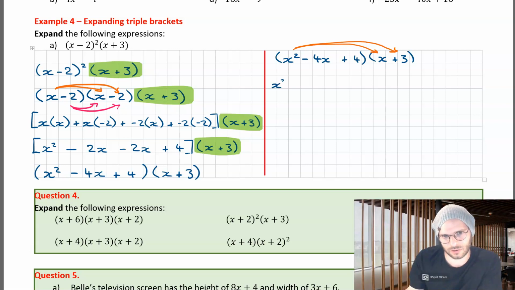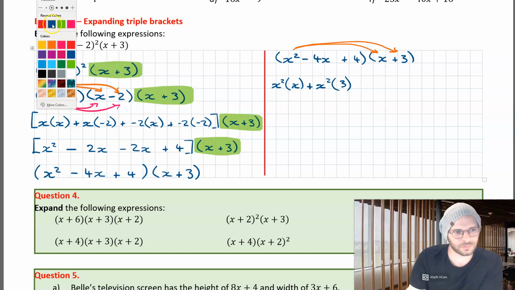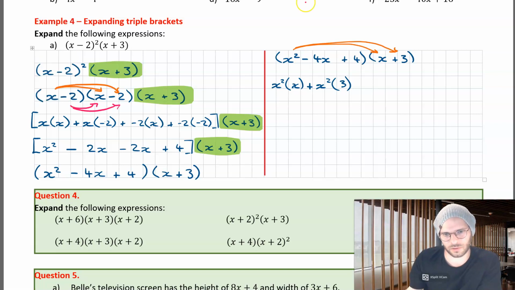So it's x² times x, x² times 3. Next, we're going to go for the inner one, so the −4x is going to go to the x and then to the 3. So this will be −4x times x, −4x times 3.